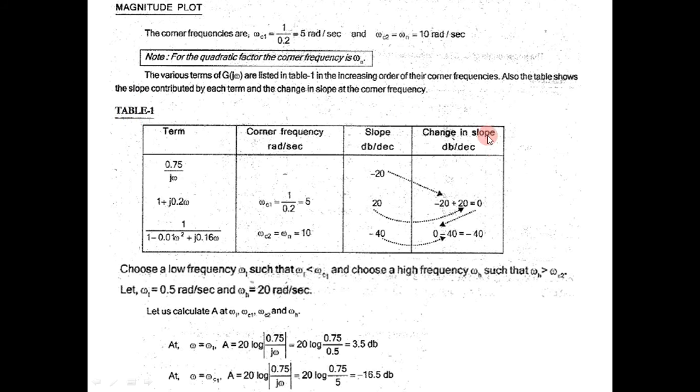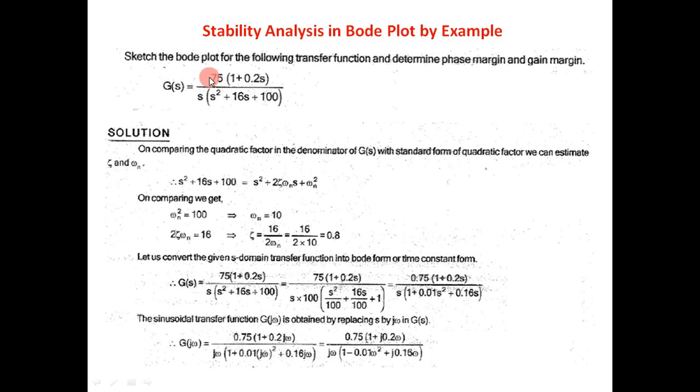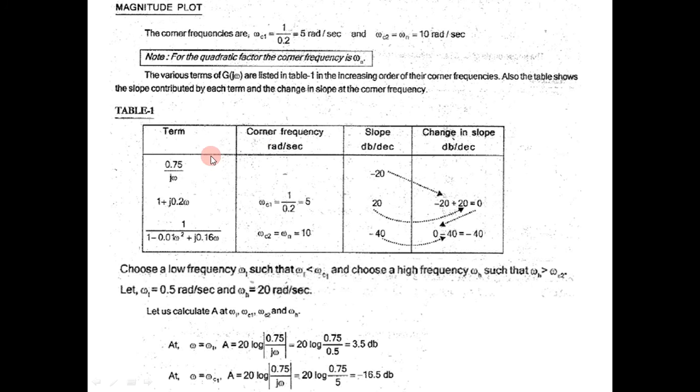As we already know, from the terms we have to obtain the table. Okay, see here, the constant term and integral term, that is 0.75 by j omega. For this term there will not be any corner frequency, that is the reason this term is the first term. The next one is 1 plus j 0.2 omega, and the next one is 1 by 1 minus 0.01 omega square plus j into 0.16 omega.